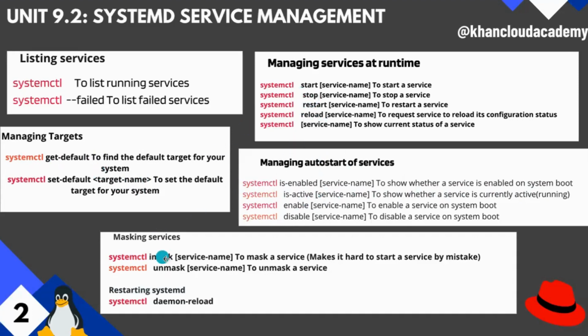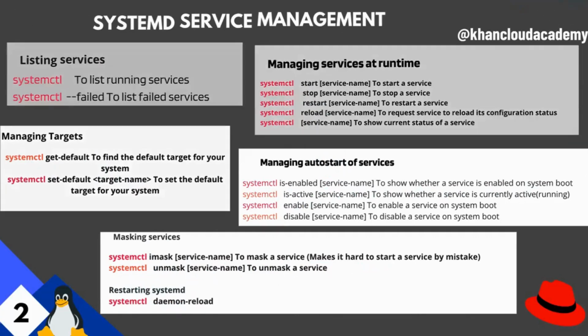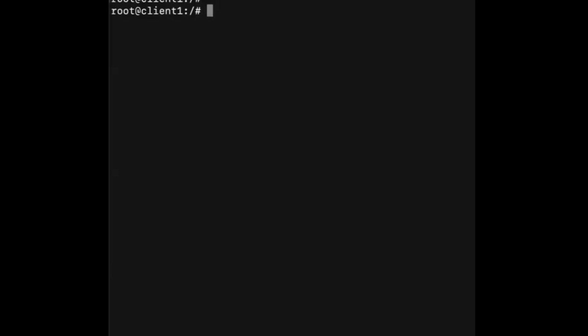Then systemctl mask, masking services, unmasking services. These are the commands we have to use, along with systemctl daemon-reload. This is how you control managing services with auto start. I would recommend you try it by yourself.